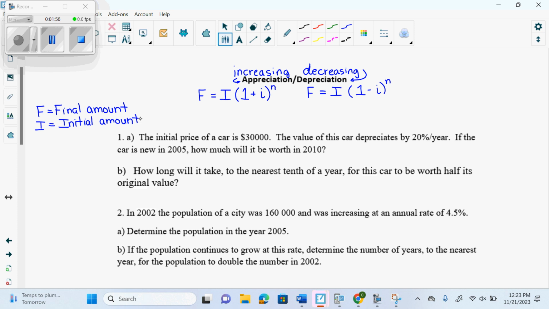Then people are like, what's this symbol? That's a 1. It's not a symbol, it's just a 1. And then little i is the interest rate in decimal form. And N is always the number of years.